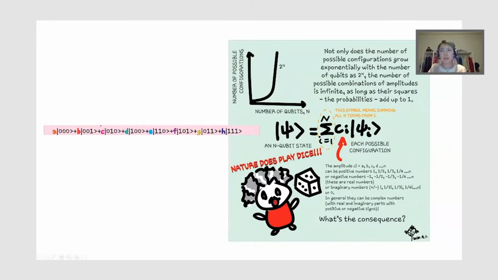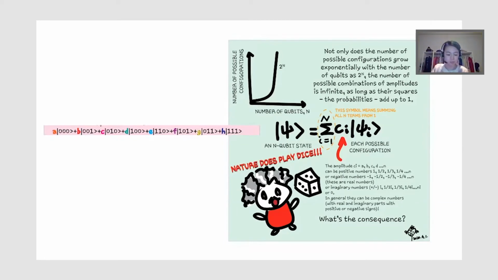We mentioned that the amplitude can be any number. It could be real numbers like 1, 1/2, 1/3. They could be negative numbers, but they could also be imaginary numbers. So in general, they can be complex numbers. The amplitudes can take all these different phases, or forms.